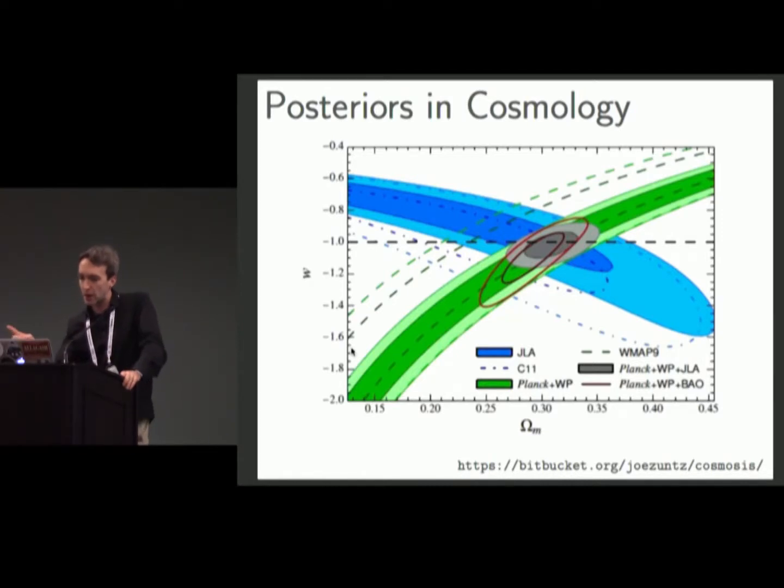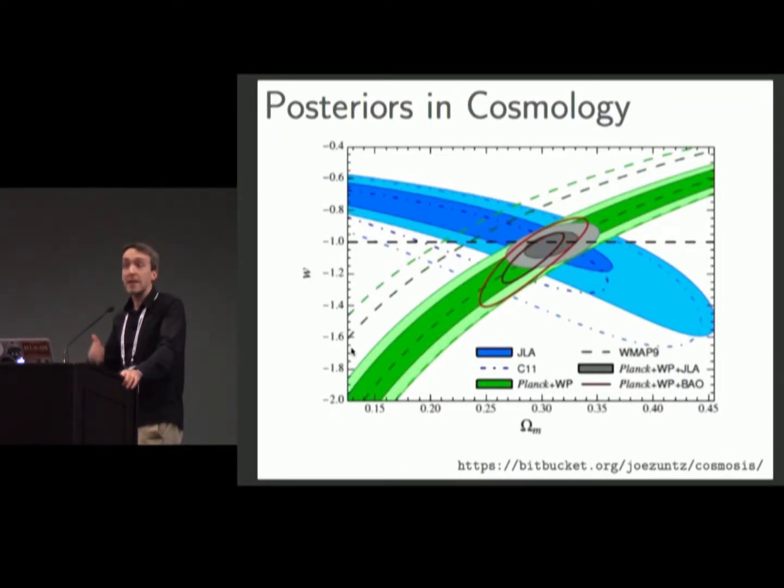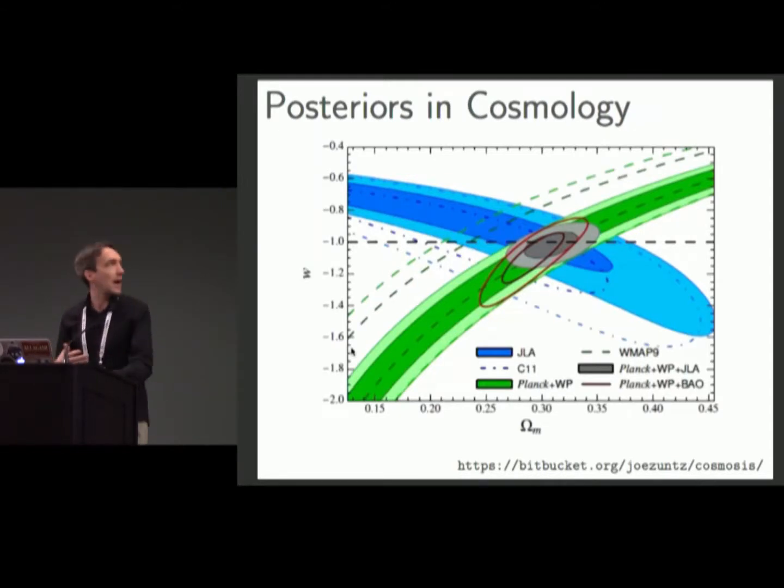So here are the posterior beliefs about a couple of these parameters as a result of different experiments. And at least the cosmologists I talk to are very keen on having the whole uncertainty so you can understand how the constraints from the different experiments intersect.